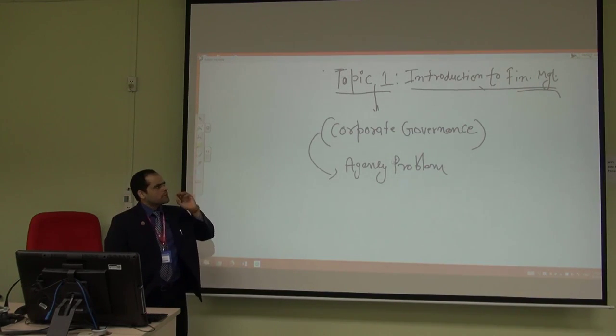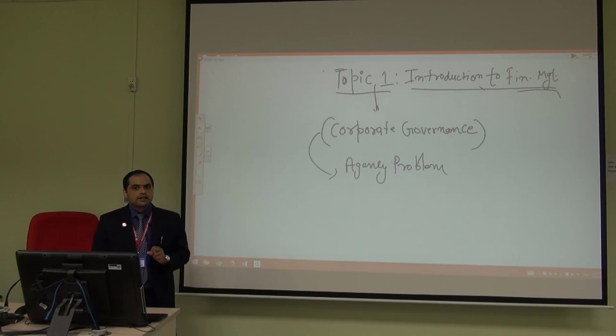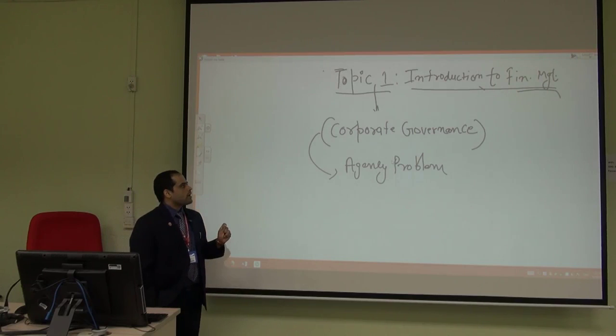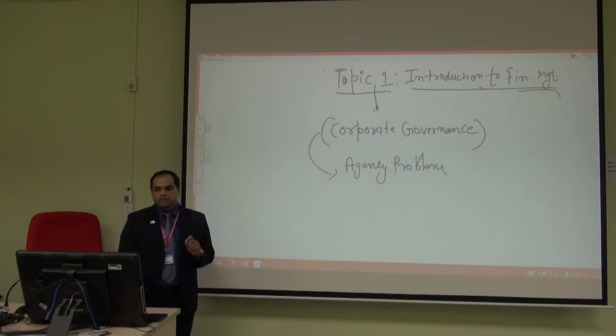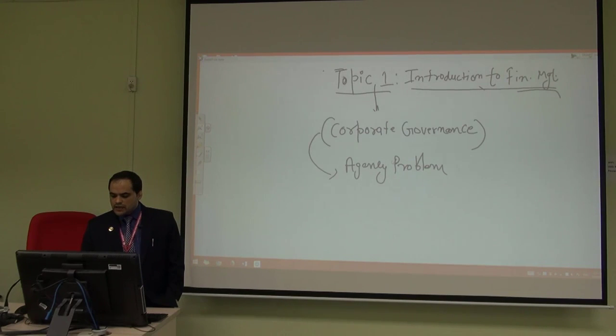Instead of talking about the recommendations of corporate governance that I only talked about in the class, here I'm going to talk about the agency problems. Agency problem is the problem which normally happens between principal and agents.